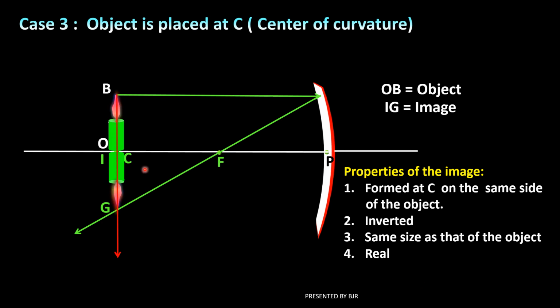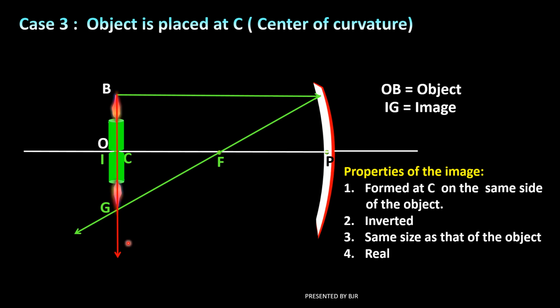And the real image, because we can get this image even on the screen also, because the reflected rays are meeting themselves. So when the reflected rays cross themselves, then real image will be formed.